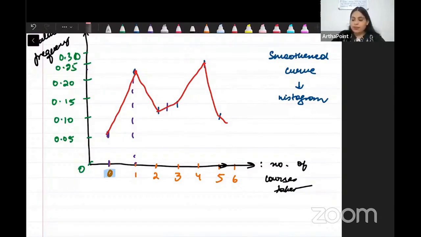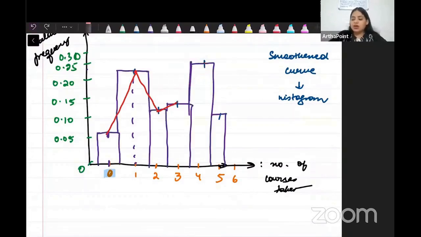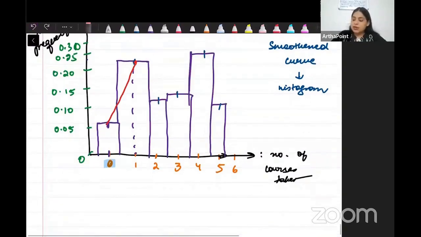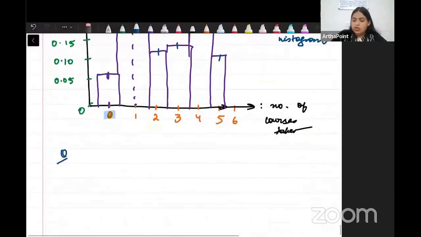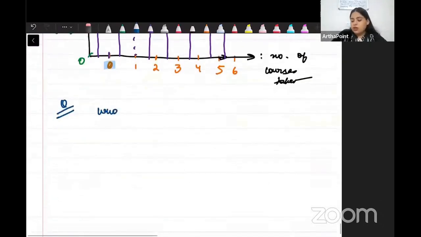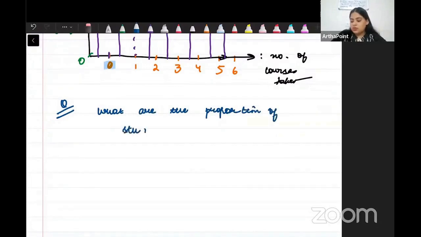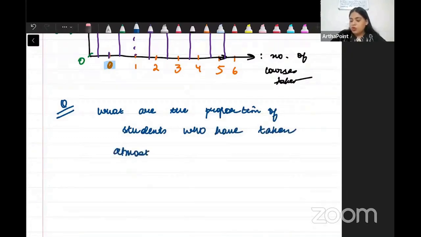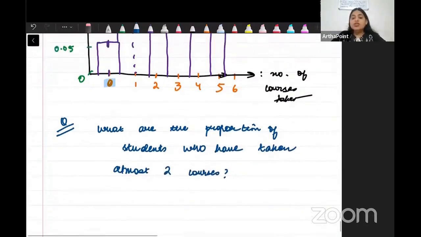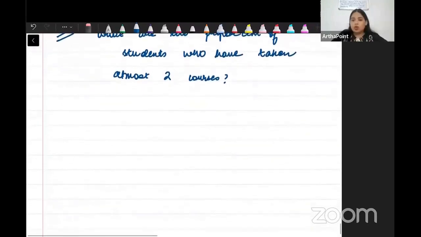Now, sometimes what will happen in exam is that they will give you a histogram like this. Okay. And now they will ask you a question like this. So suppose they ask you, what are the proportion of students who have taken at most 2 courses? वो कितने students हैं percentage में जिन्होंने at most मतलब maximum 2 courses लिए हैं?